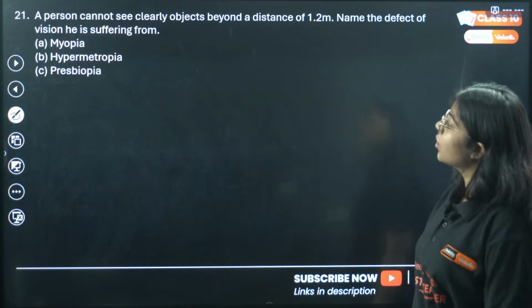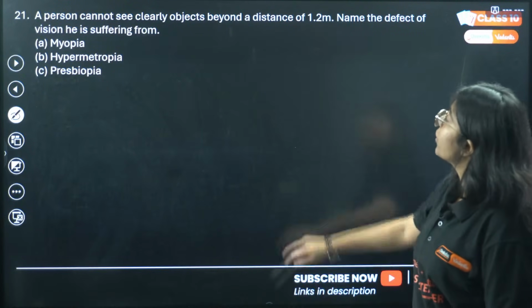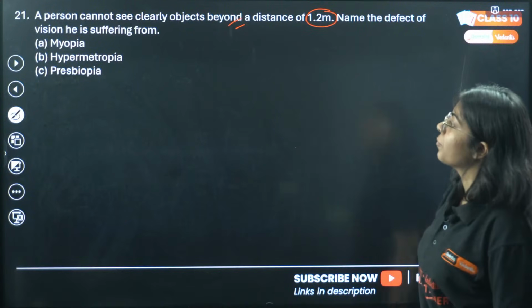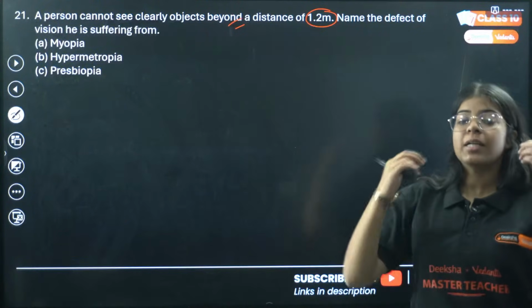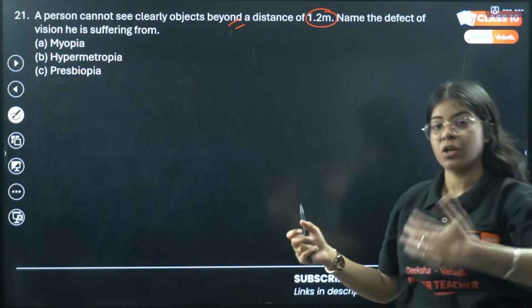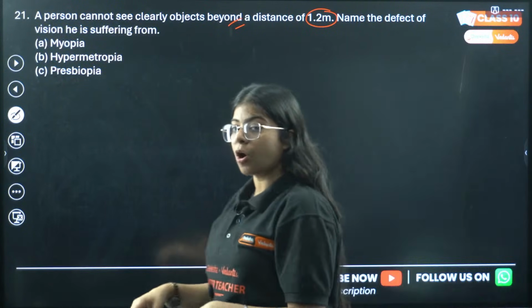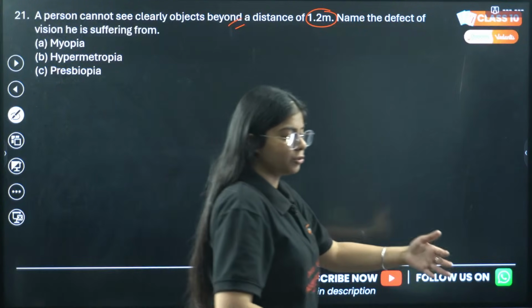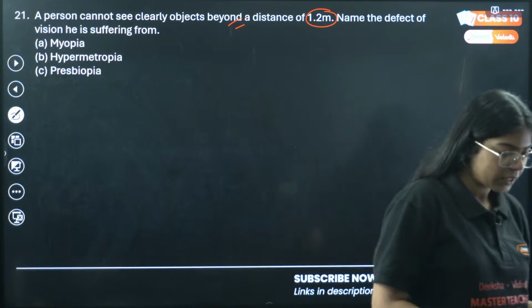A person cannot see clearly objects beyond 1.2 meter. Name the defect of vision he is suffering from. What is the defect of vision a person is suffering from if he is not able to see beyond 1.2 meter? What is the answer?